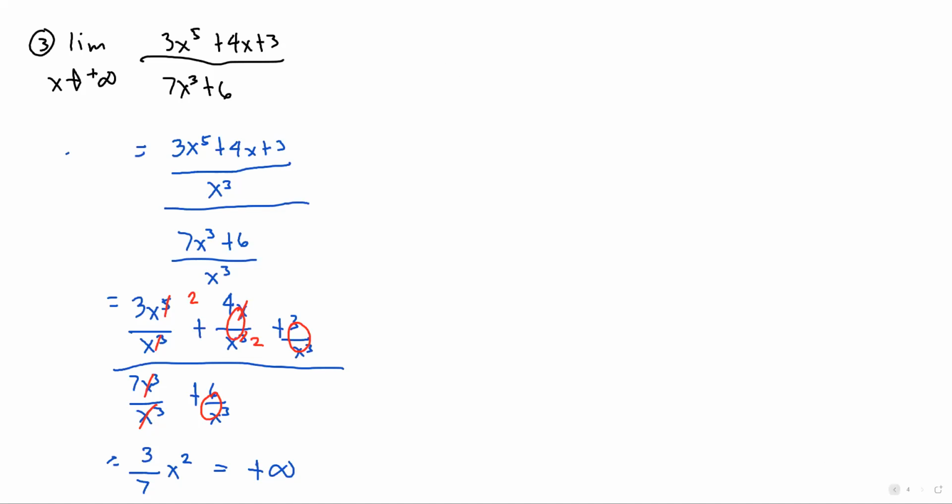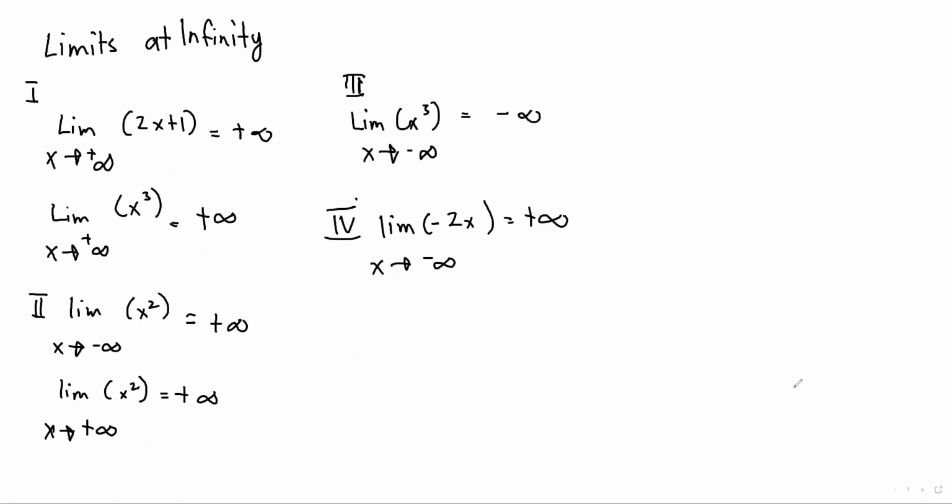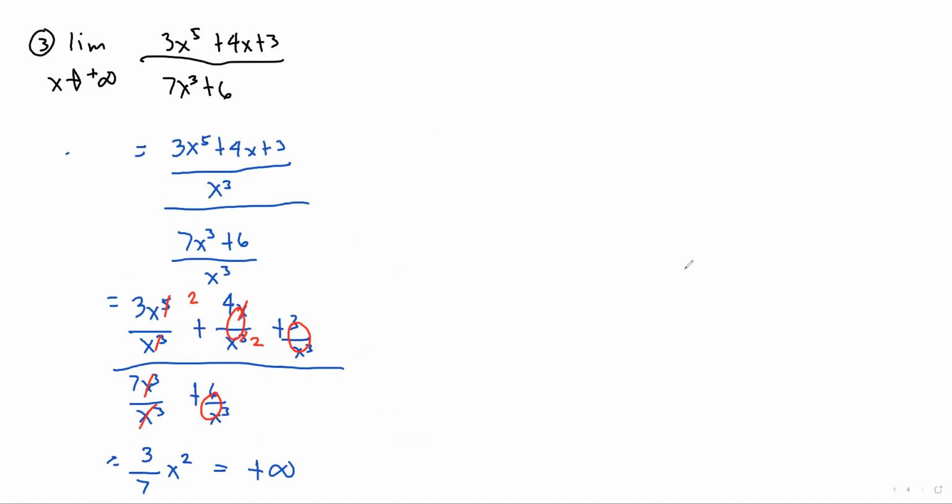Ito, nakapasok to ngayon sa properties ng limits, dito sa limits at infinity. Itong number 3 kasi, wala siyang direct explanation. What if, ang natira sa equation natin, limit as x approaches negative infinity of 3 over 7 x squared, kunwari ganyan yung equation natin, guys.